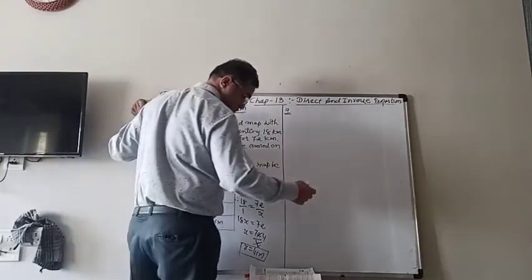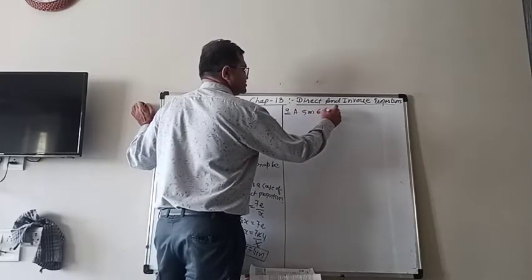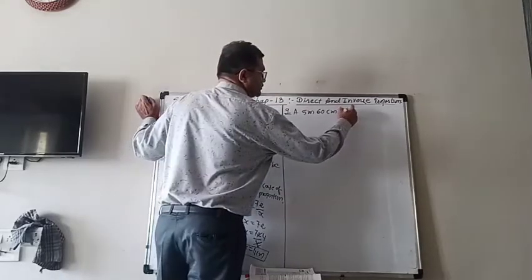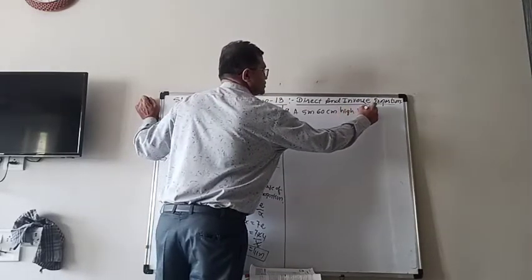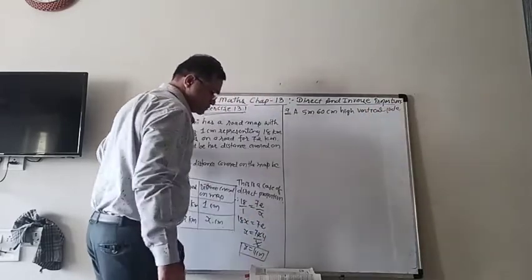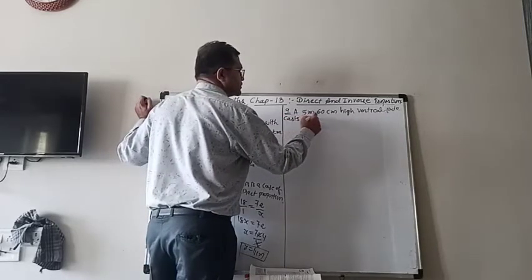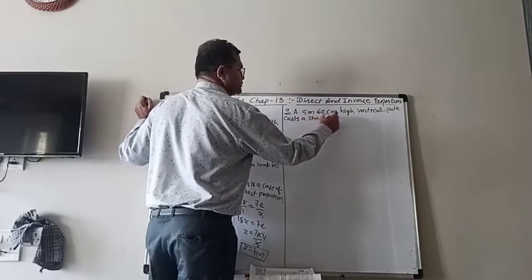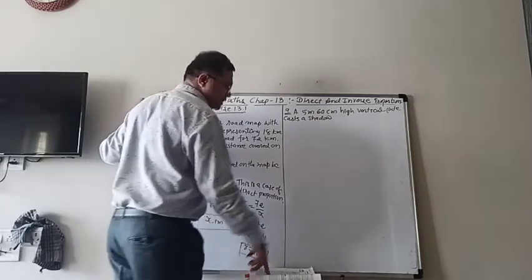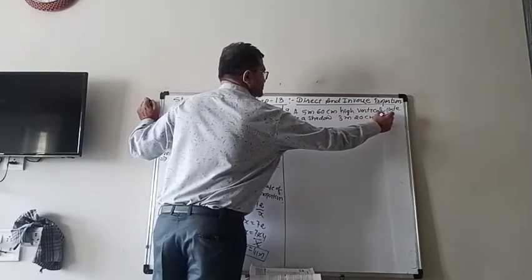Next question. A 5 meter 60 centimeter high vertical pole casts a shadow 3 meter 20 centimeter long.